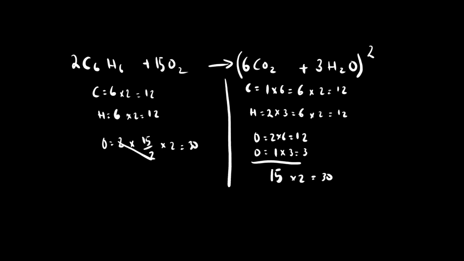And as for the right hand side, we're going to have 12 in front of the carbon dioxide and 6 in front of the water. Now our equation is balanced.